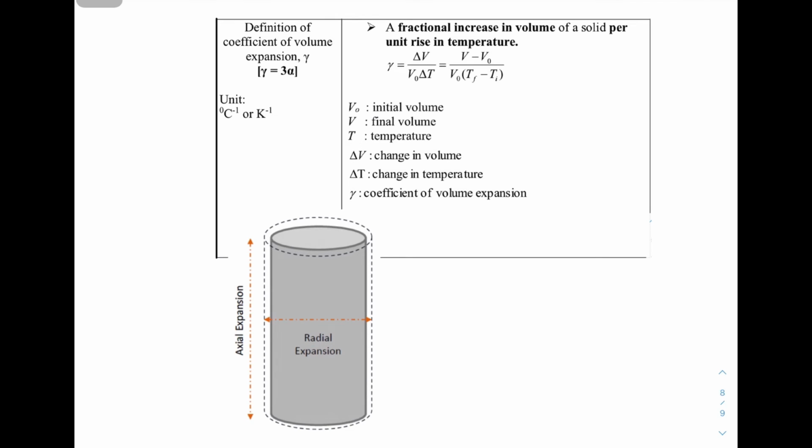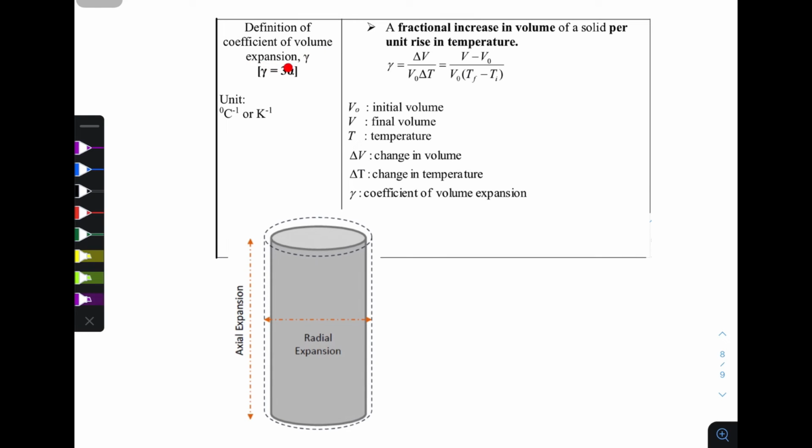Now I'm going to discuss with you the volume expansion. For the volume expansion, we have the coefficient of volume expansion, noted as gamma. Here you are going to get gamma actually equals 3 alpha.